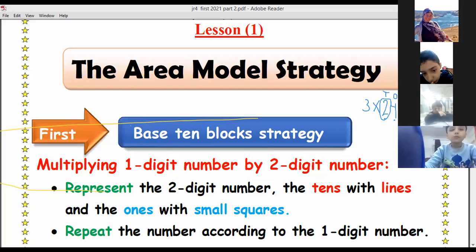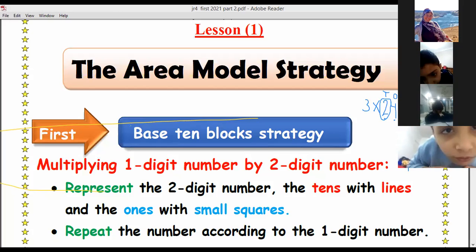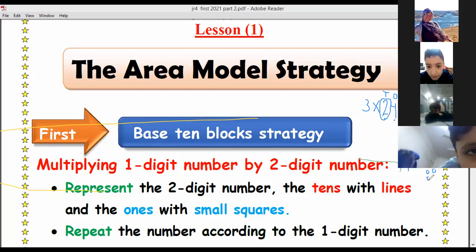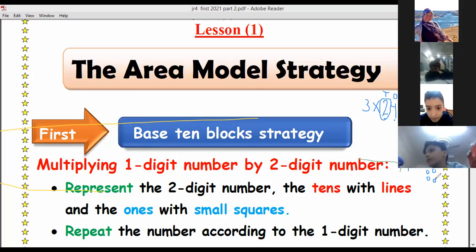So I'm gonna draw here 4 squares and 2 sticks. Now I repeat this one how many? 1, 2. So I want to repeat it again one more time. So let's draw it again. I have to draw 4 squares in ones and 2 in tens. Okay, now that's fine.